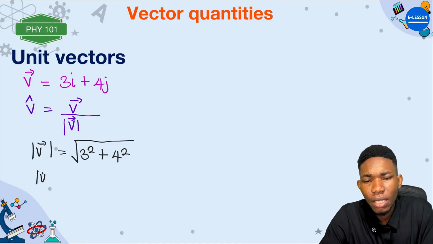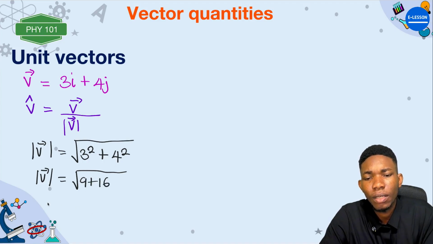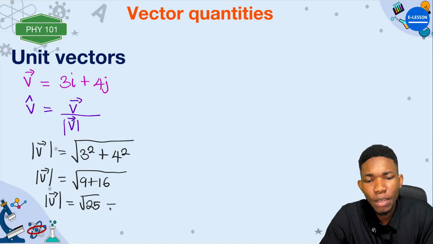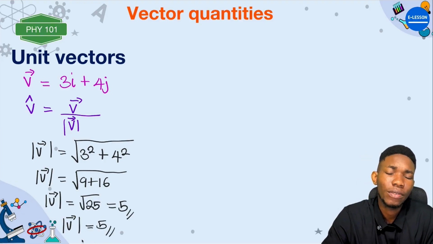So at the end of the day, this will give us the square root. 3 squared is how many? 9. 4 squared is how many? 16. So this will give us the root of 9 plus 16, which is 25, and this will give us 5. So in this case, the magnitude of our v is 5. That's the magnitude.